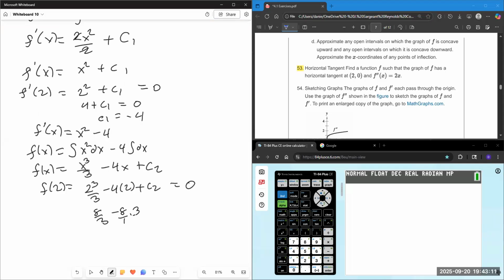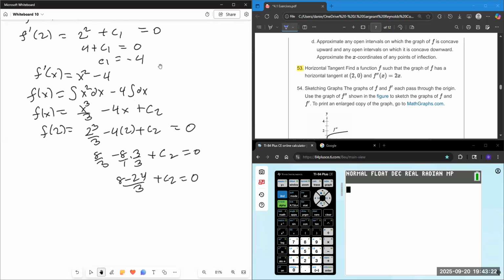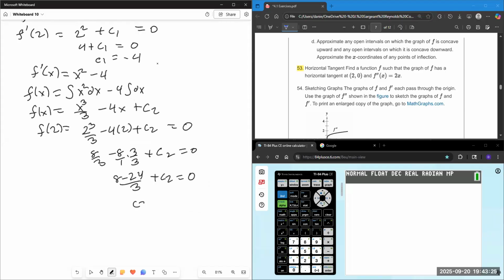I'll multiply by 3 over 3 to make it a common denominator, which is going to be 8 minus 24 over 3 plus c2 equals 0. c2 minus 16 over 3 equals 0. c2 equals 16 over 3. So f of x is equal to 1/3 x cubed minus 4x plus 16 thirds.